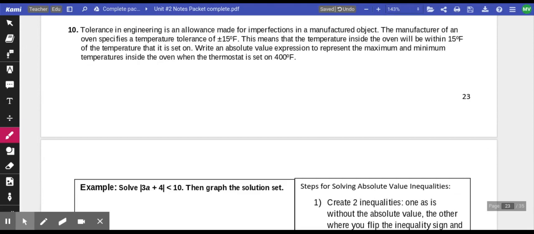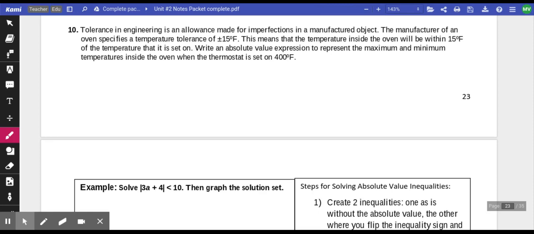So number 10, let's do 10 together. Tolerance in engineering is an allowance made for imperfections in manufacturing. A manufacturing oven specifies a temperature difference of plus or minus 15. This means that the temperature inside the oven will be within 15 degrees of the temperature it's set on.